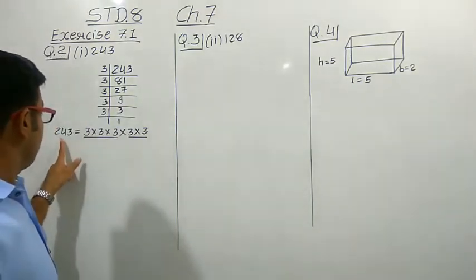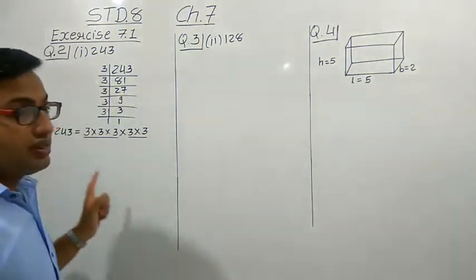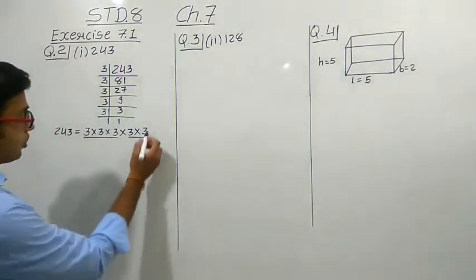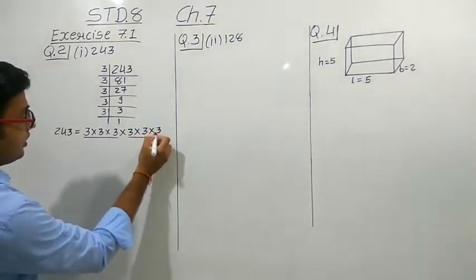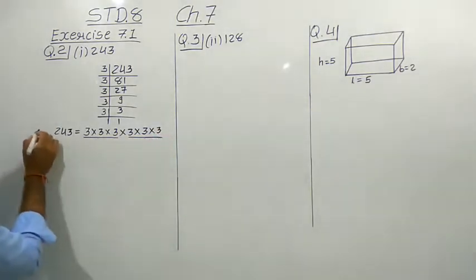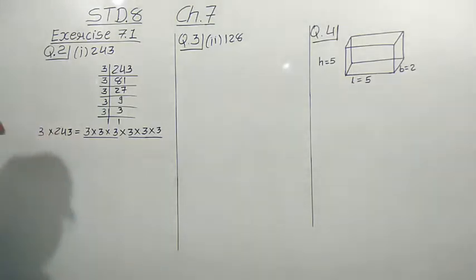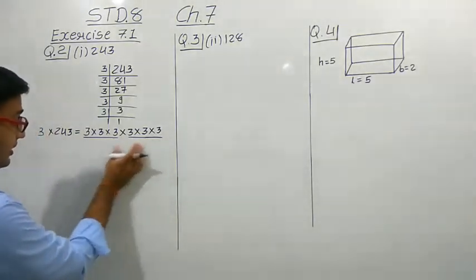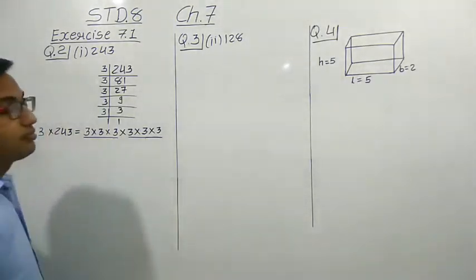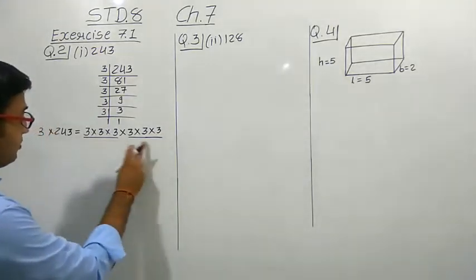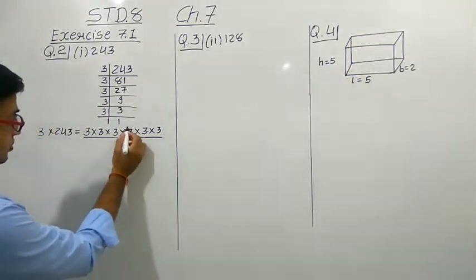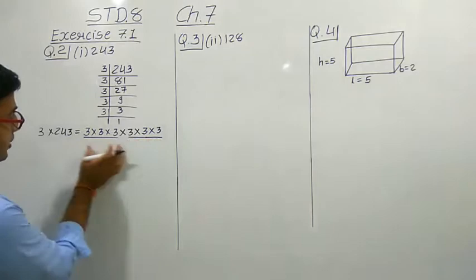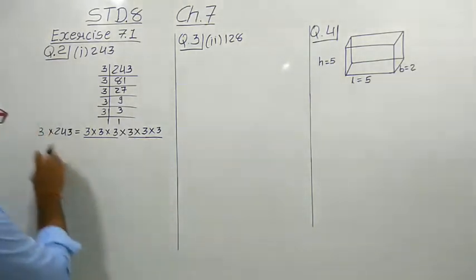So we have to multiply this 243 by 3 on both sides. If we multiply by 3 here, the same we have to multiply on the left hand side. So on the right hand side, now we have two groups of three same factors. Now multiply this number.